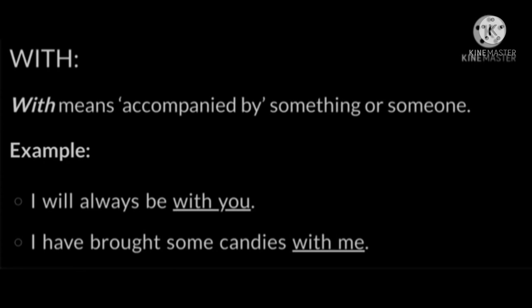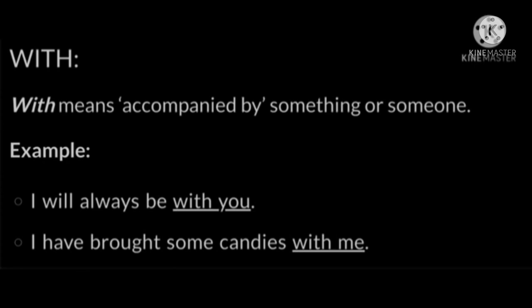So here, accompanied with. I will always be with you. So with you means the physical presence is being shown over there. I have brought some candies with me. It is not that I have only come home, I have also got something along with me, accompanied with me. So to show that accompanied.